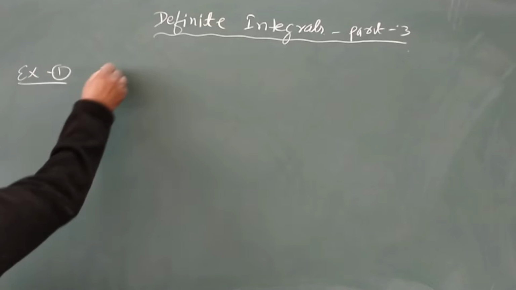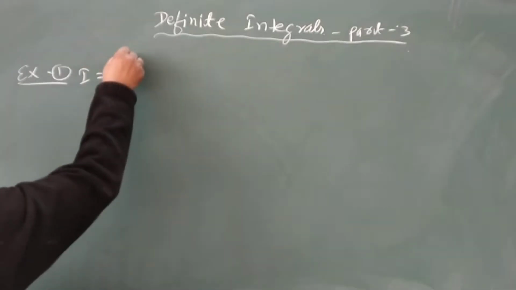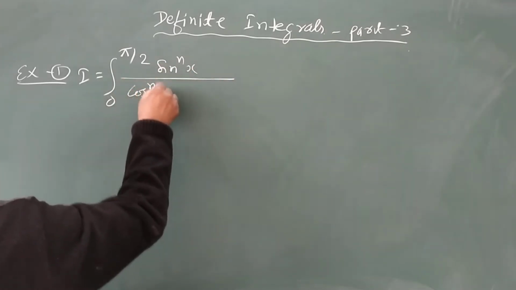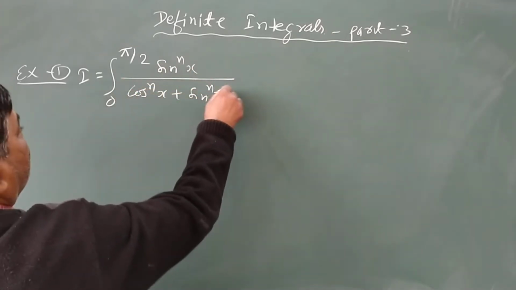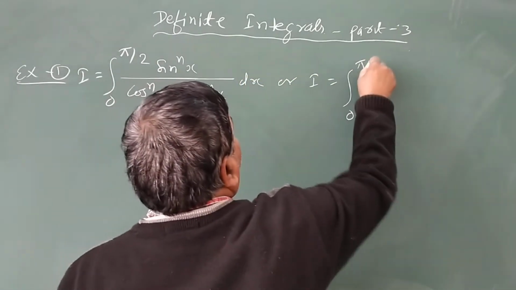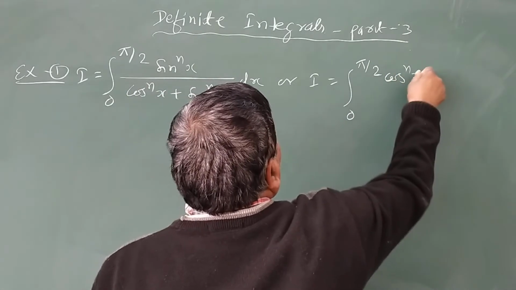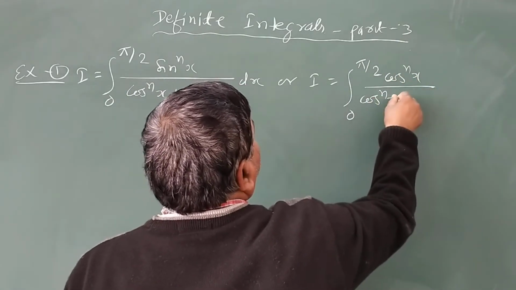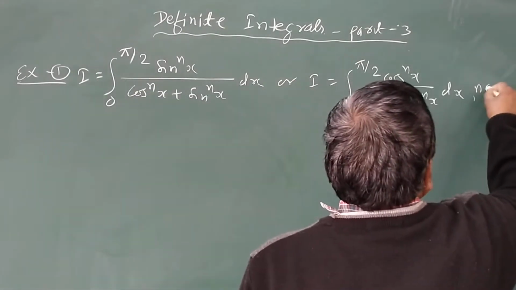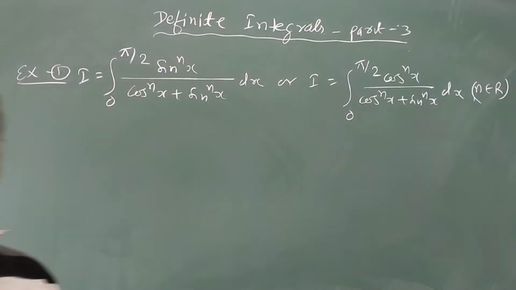Example number 1: integration of 0 to pi by 2 of sin to the power n x upon cos to the power n x plus sin to the power n x dx, or integration of 0 to pi by 2 of cos to the power n x upon cos to the power n x plus sin to the power n x dx, where n belongs to R. This n is any real number.